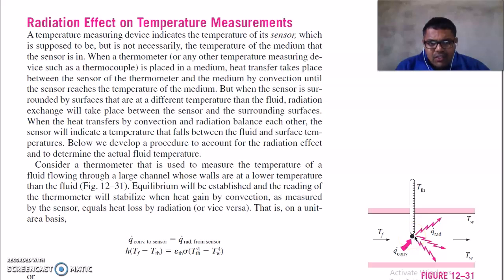But when the sensor is surrounded by surfaces that are at a different temperature than the fluid, means this surface is at TW, the radiation exchange will take place between the sensor and the surrounding. So this is your radiation exchange between this sensor and the surrounding. So when heat transfer by convection and radiation balance each other, the sensor will indicate a temperature that falls between fluid and surface temperature.